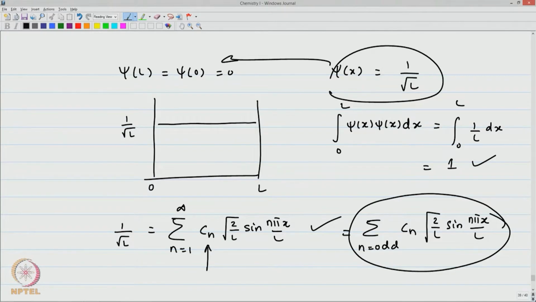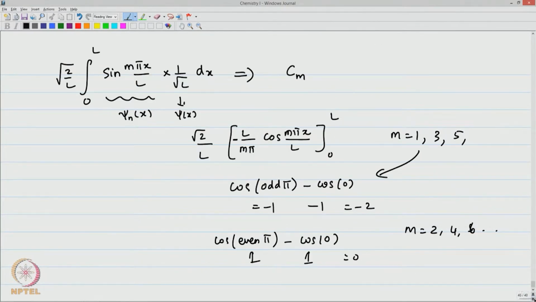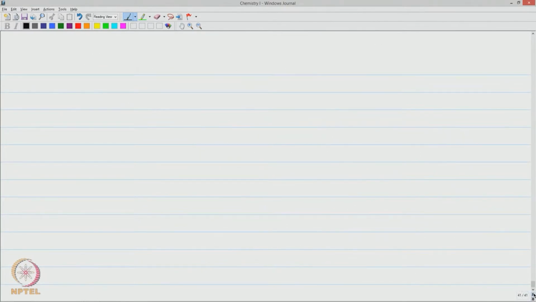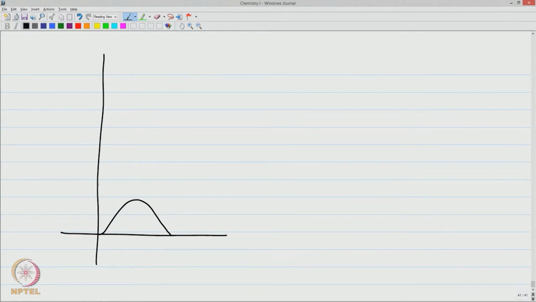Please remember, the odd number of sine functions pictorially look like this. This is n equal to 1. If it is n equal to 3, between the same interval, the sine function will look like that. About the middle, it is symmetric.